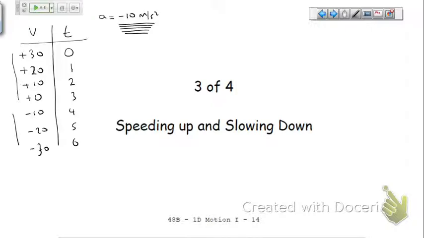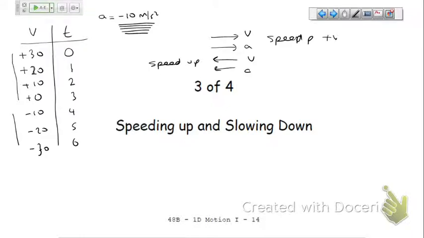So the sign on the acceleration by itself does not tell you if you're speeding up or slowing down. It's the comparison with the velocity. If I have a positive velocity and a positive acceleration, I speed up. If I have a negative velocity and a negative acceleration, I speed up. This is speeding up going in a positive direction. This is speeding up going in a negative direction. But I'm speeding up.